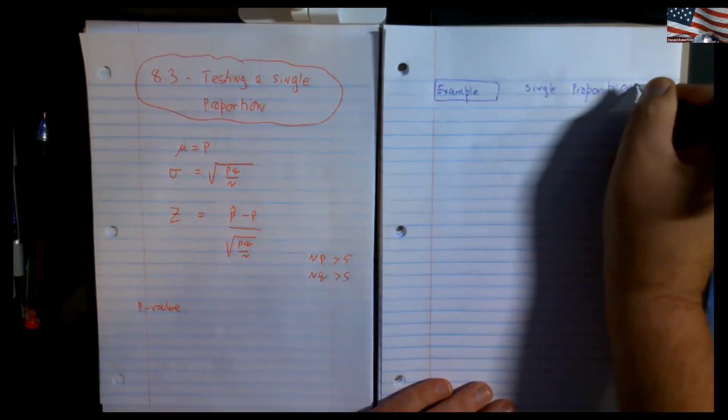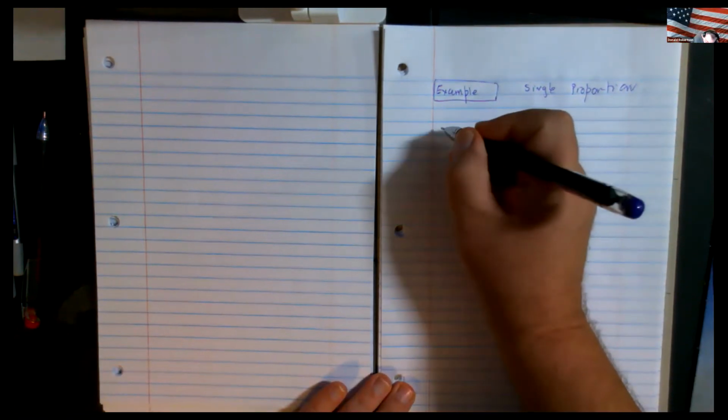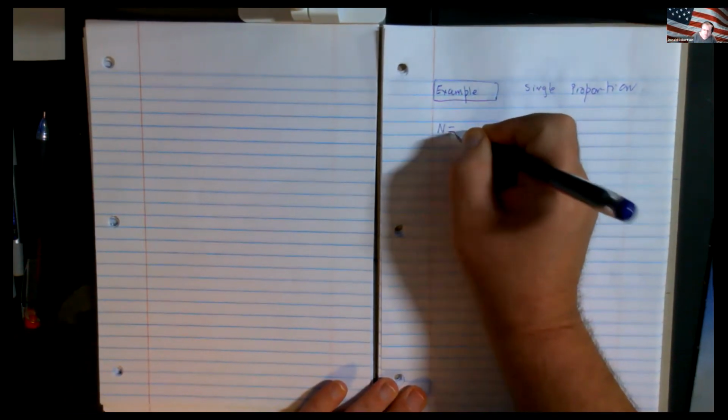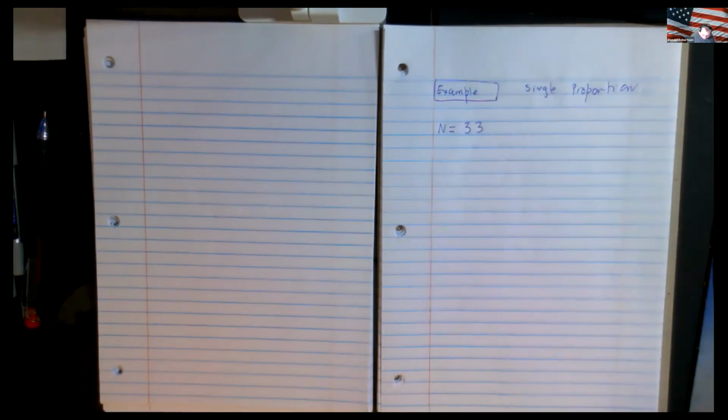I'm going to do this question by hand, just to show you what it's like. And the good news is that SALT does most of the calculations for you. So, N equals, there are 33 people, because that's what Zoom is telling me.